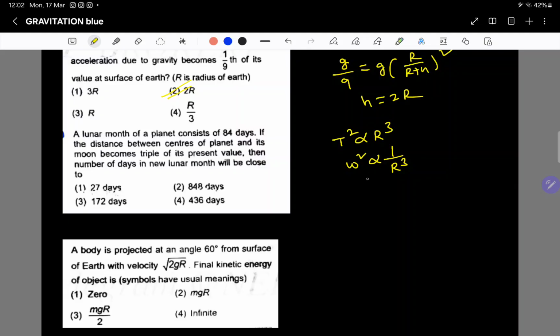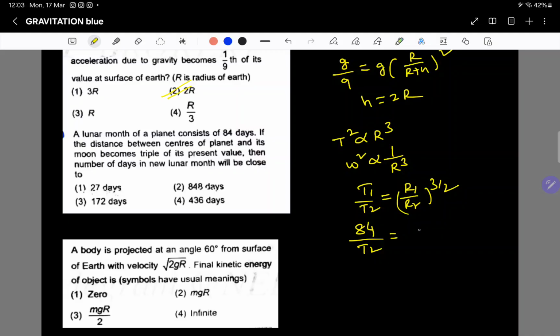So that means T1 by T2 equals R1 by R2 whole to the power of 3 by 2, students. T1 is given as 84 days. T2 is asked in the question, equal to R1 by R2.